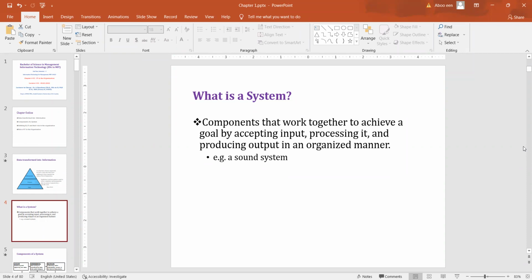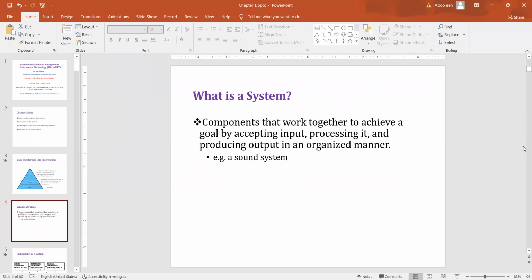Okay, sir. So for example, a sound system. And some other examples, like machineries, where we put some materials in as input, and inside the machinery there are some processing tasks, and we get the output, the finished good.